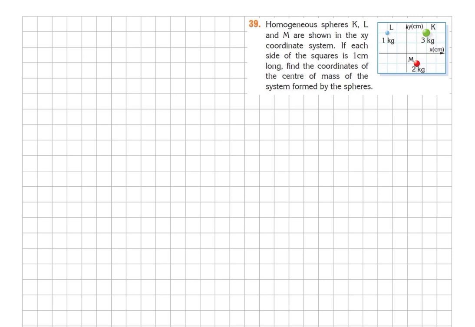For the X coordinate, XCM is equal to X1 M1 plus X2 M2 plus X3 M3 over the sum of the masses, the total mass.